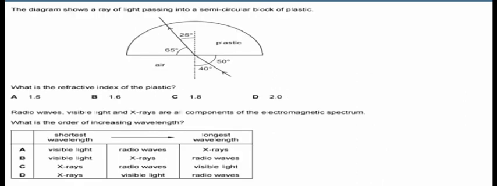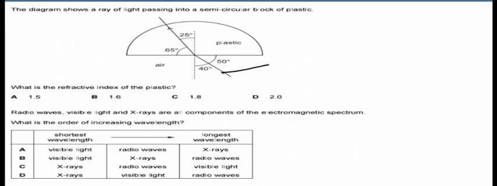Alright, so the next one is saying the diagram shows a ray of light passing into a semicircular block of plastic. Okay, so we have the plastic and the ray. This one is very, very important. We need to consider where the ray is coming from and where the ray is going. Where the ray is coming from, we can say it is this one here.